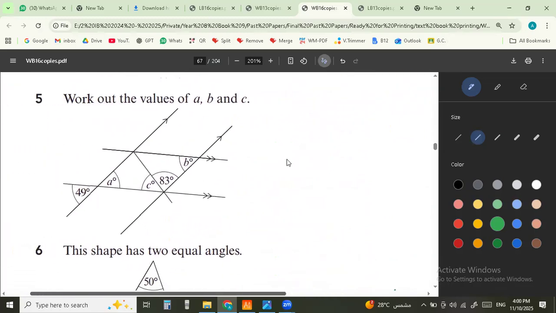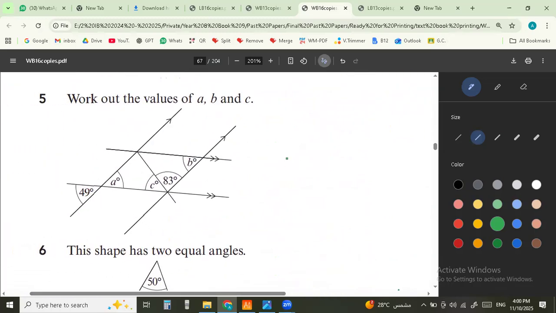Here, work out the values of A, B, and C. A is 49. Why? Because they are vertically opposite angles. And what about C here? Well, Mister, there are many different ways actually in which we can get angle C. And one of them is knowing that this is a parallelogram.